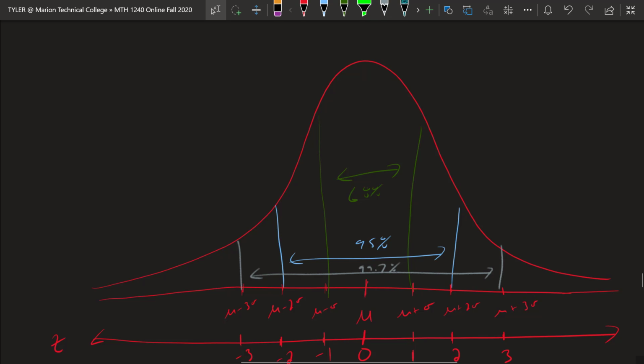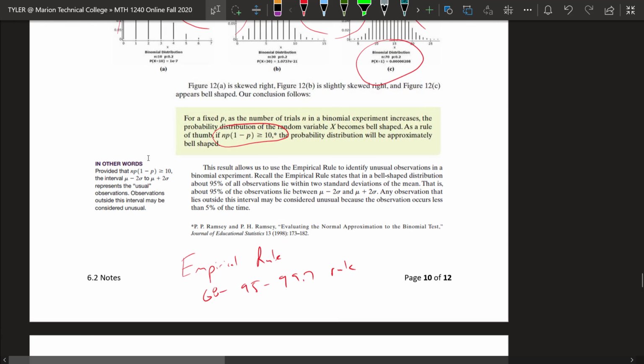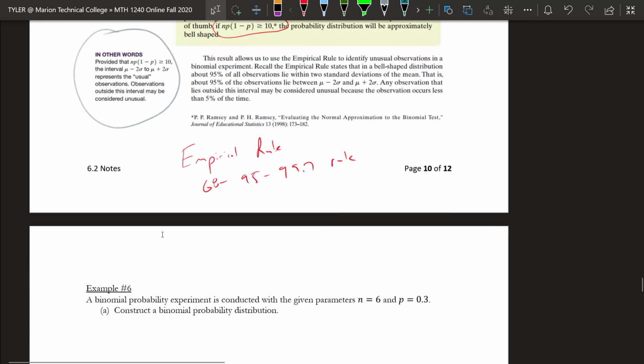So that rule will still apply. In other words, if n times p times 1 minus p is greater than or equal to 10, then the interval from the mean minus 2 standard deviations all the way up to the mean plus 2 standard deviations represents the usual observations. And if something's outside of these, we consider it to be unusual.